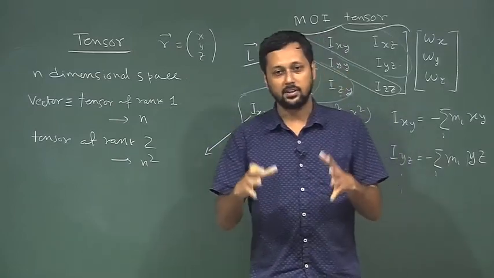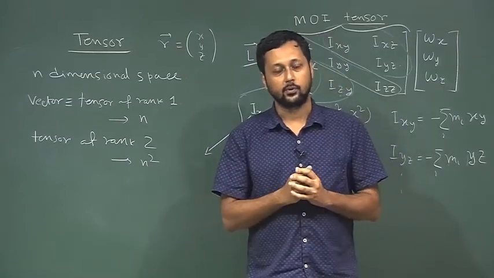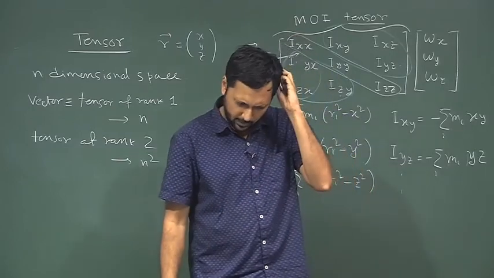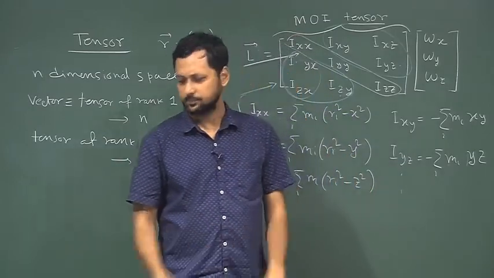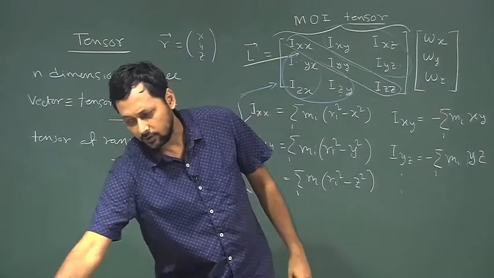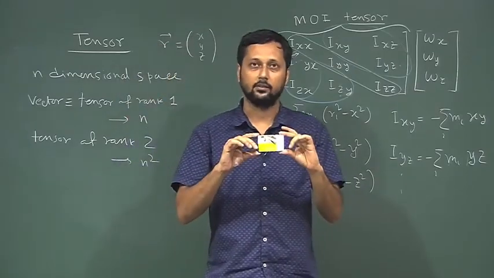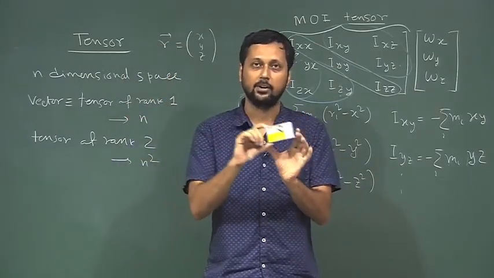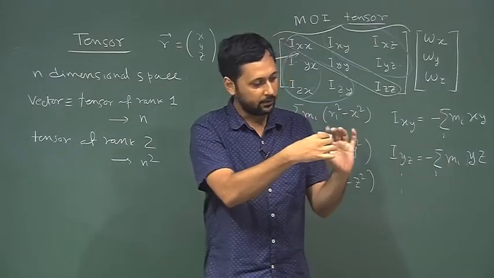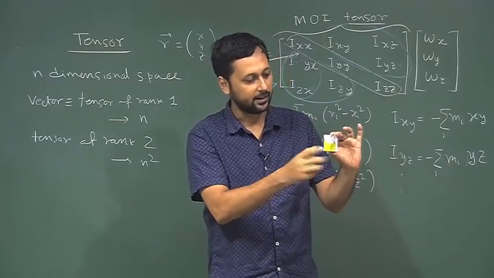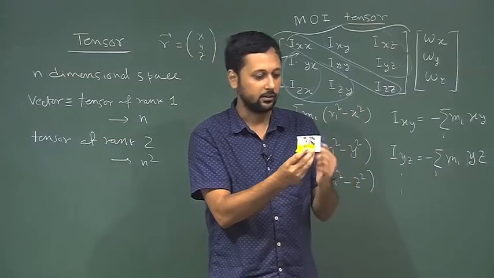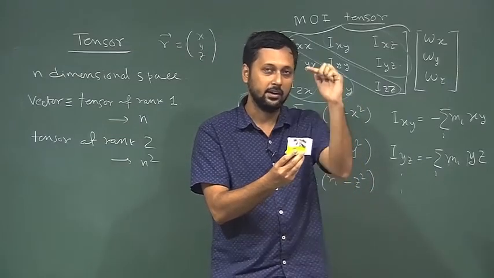What I mean is, let us take an example of a block. Let us assume that it is a metal block. Now, we can define the axes: this is the x axis, this is my y axis, and this is my z axis.